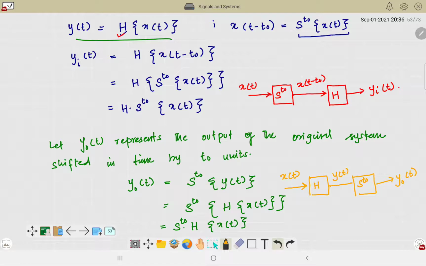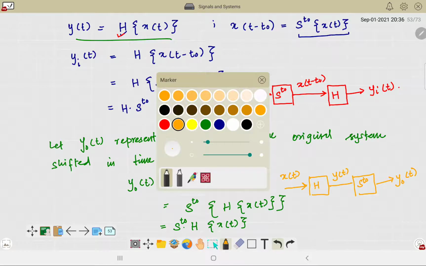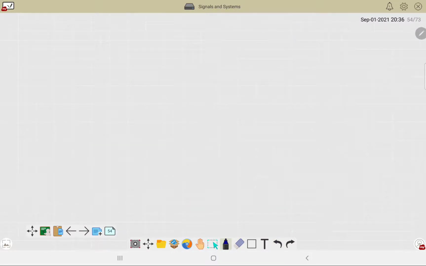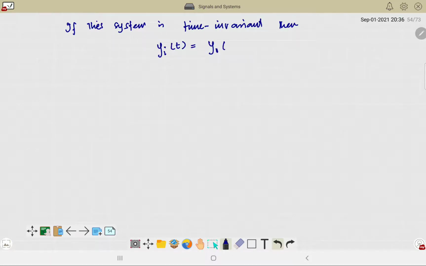Now if this system is time invariant, then these two outputs should be the same. And this is basically the crux of the thing: if this system is time invariant, then these two outputs should be equal. You can say the sequence of the operators should not matter.